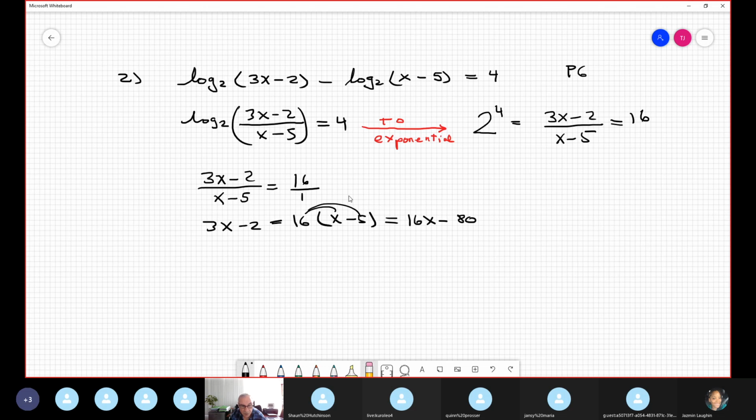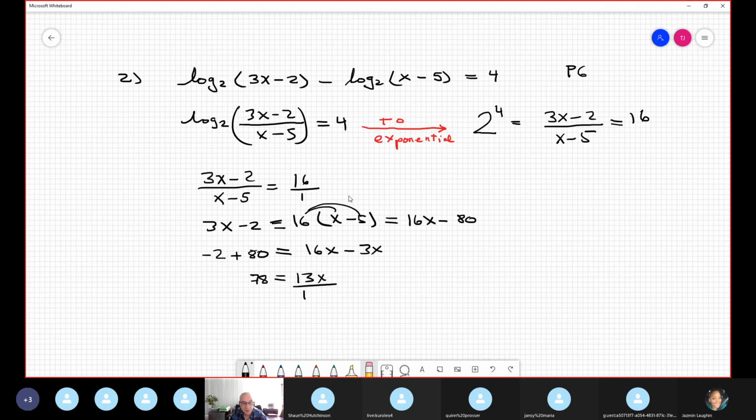I propose 16x stays on the right-hand side, I move minus 3x, and this negative 2 stays here. And this 80 is positive. On the left this is 78, and this is 13x.